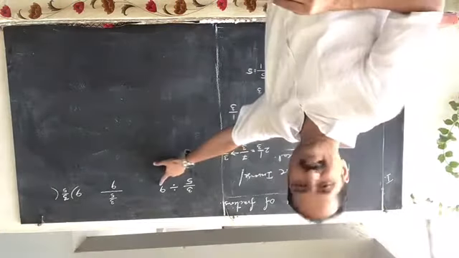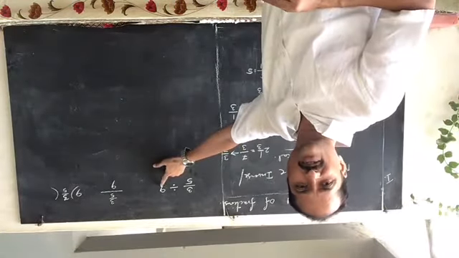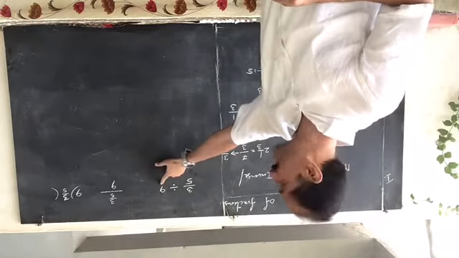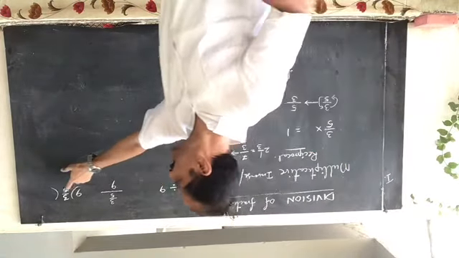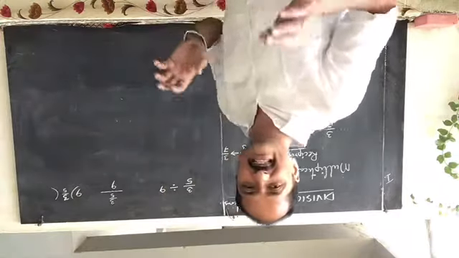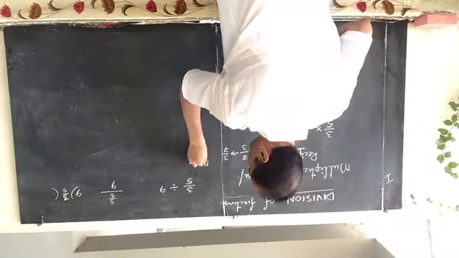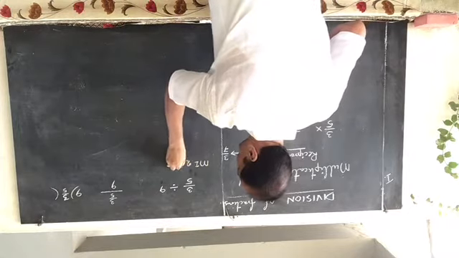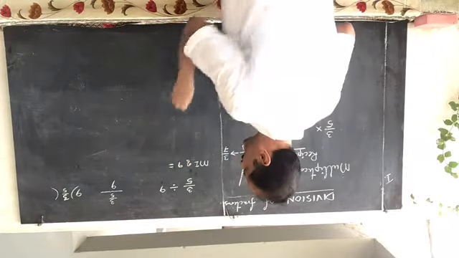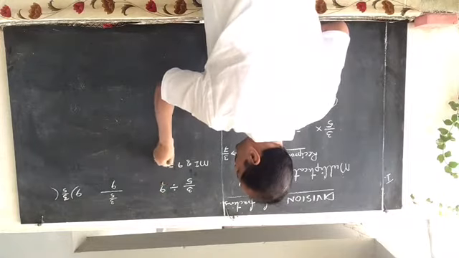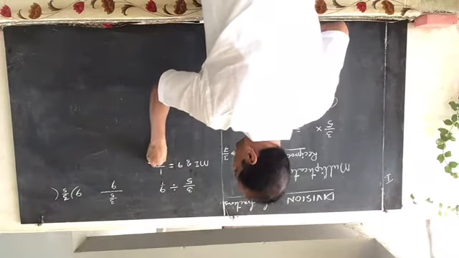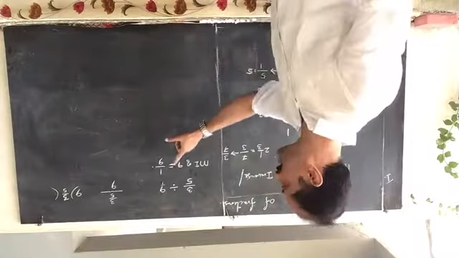So the second one is 9, which is known as the divisor. See here, this is the dividend, this is the divisor. So we are finding the reciprocal of the divisor. The multiplicative inverse of 9 is, 9 means 9 by 1, so the reciprocal of 9 is 1 by 9.